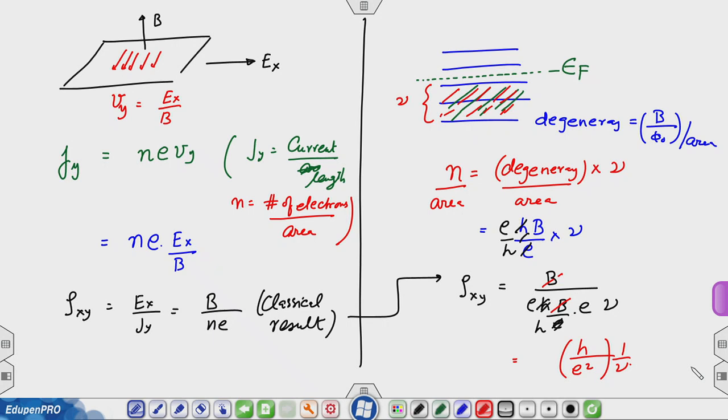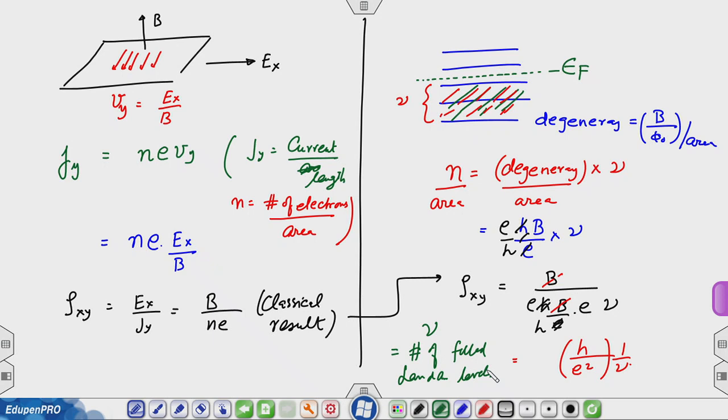So, you see that because these Landau levels, those which are below the Fermi level, are filled, they carry a certain number of electrons per unit area, and because of their degeneracy, the whole thing comes out such that rho x y comes out to be quantized, and nu here is the number of filled Landau levels.